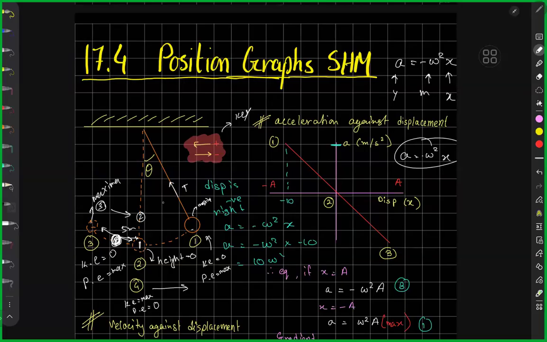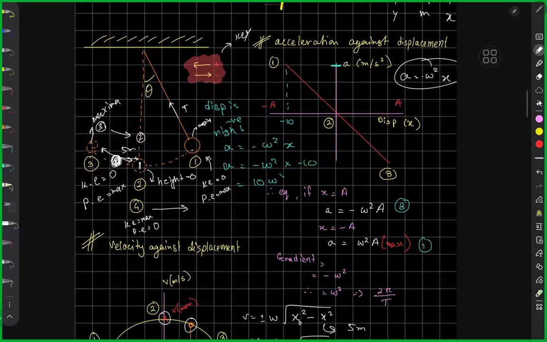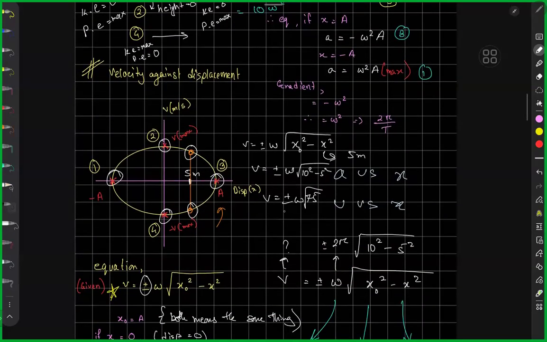And moving right is negative. So two things can happen: coming back from position 3 or going to position 3. So in those cases, it gives me two different velocities in terms of direction. So how do we denote that? We say plus minus root over 75 omega. It can be positive direction or negative direction. Do you get that?